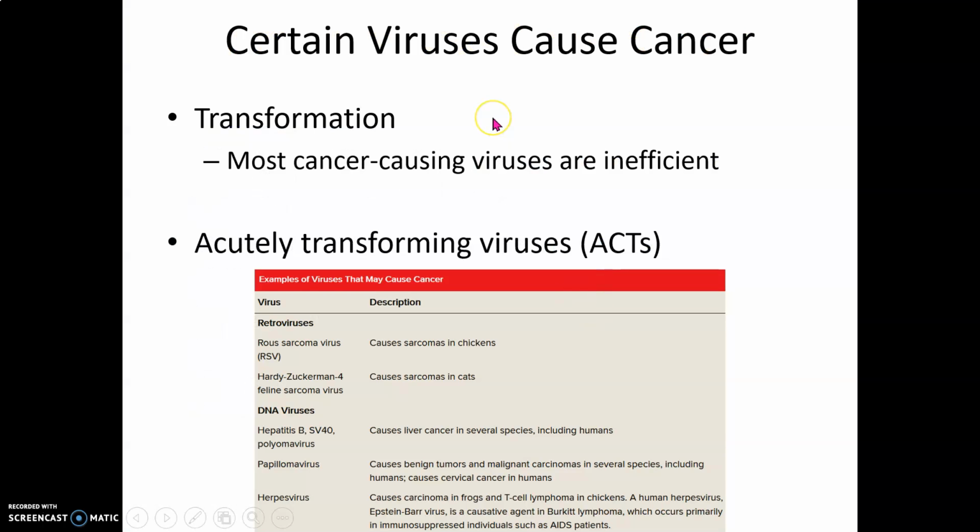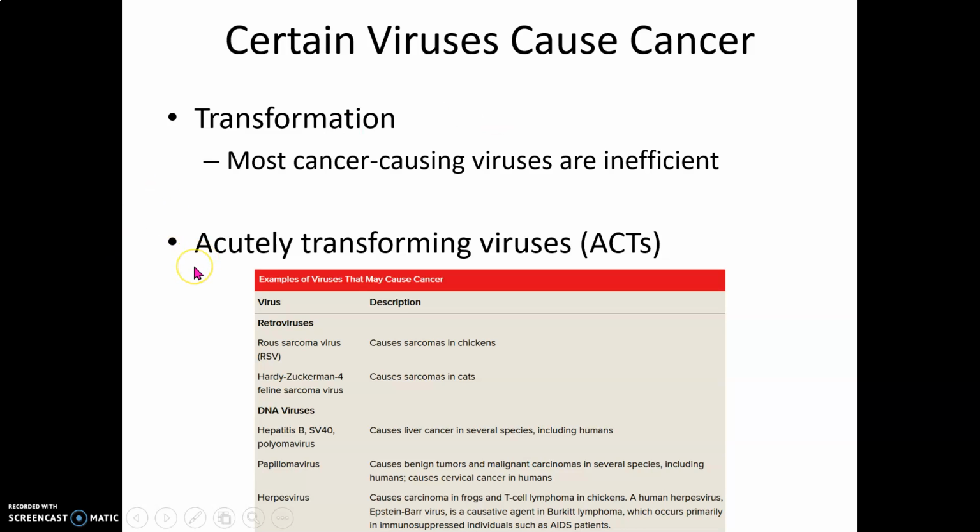And then there are certain viruses that cause cancer. Transformation is the idea of changing a normal cell into a cancer cell. Some viruses are capable of it, but most of these viruses are inefficient at it, meaning it's going to take years and years before they actually change a normal cell into a cancer cell.